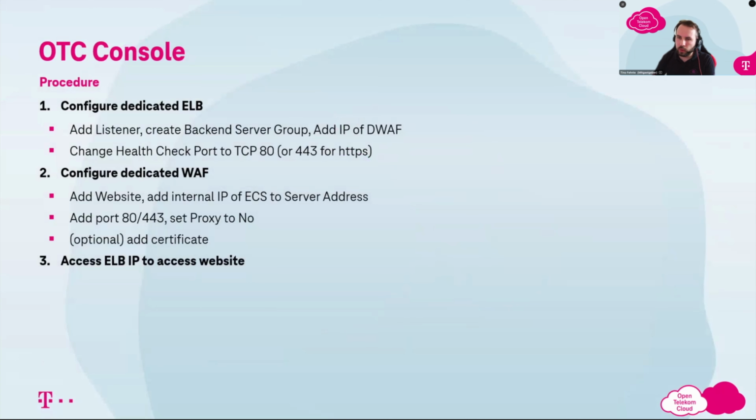Next, we need to configure the dedicated WAF. So we need to set up a website and tell the WAF to forward the traffic to the internal IP address of the web server. If you would use HTTPS, then we would also need to add the certificates, and then we need to check if the flow is working.